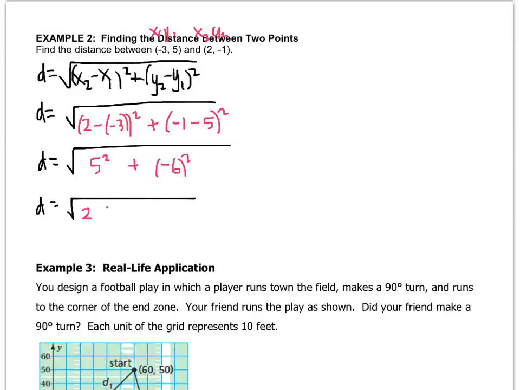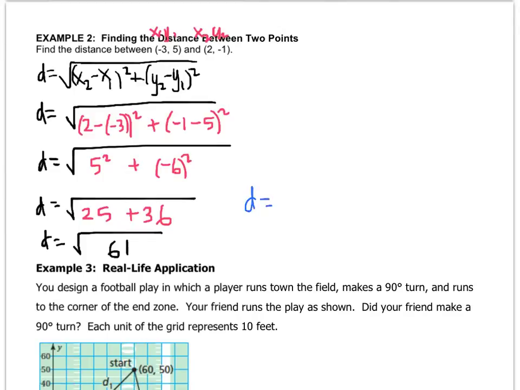So that's 25 plus 36. So that's the square root of 61. And 61 doesn't break down, so that's pretty much the best we got. The distance equals square root of 61. If you want to turn that into a decimal, you can. Fine with me.